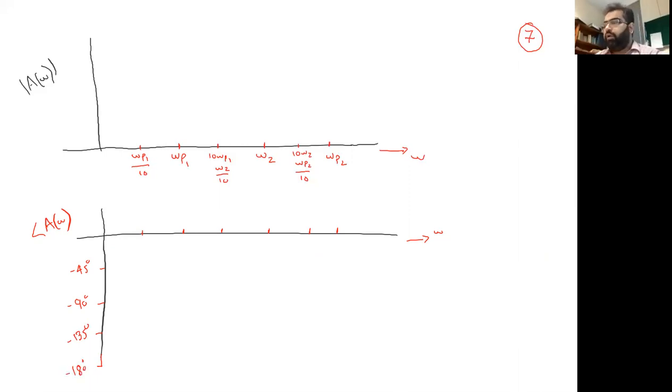So let's start with the magnitude plot, and we know those conditions that we drew here. Initially we start with 0 dB, as we know. So here it's a 0 dB scale. Till omega p1, what's going to be the magnitude? It will be at 0 dB. And again, I'm not bringing in that minus 3 dB point.